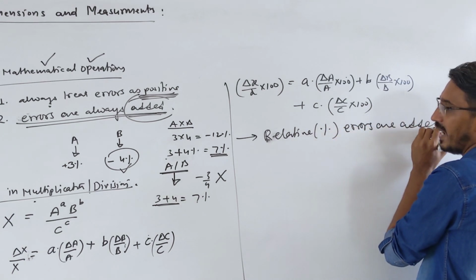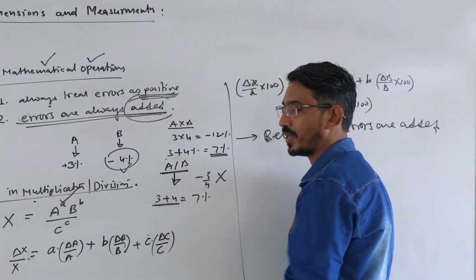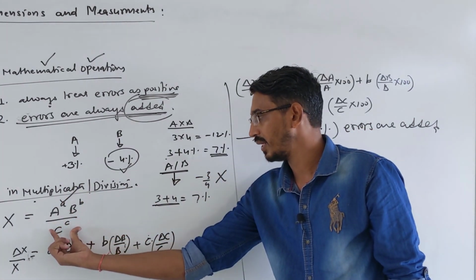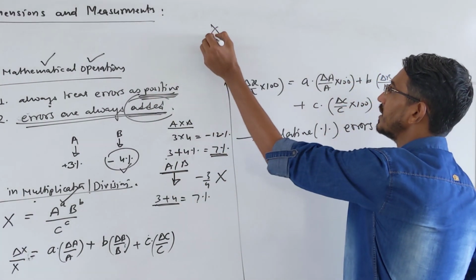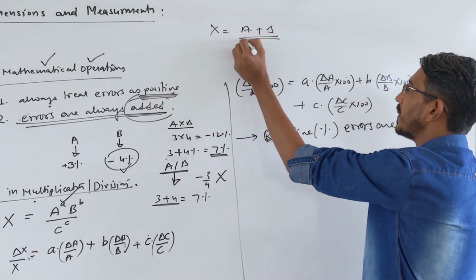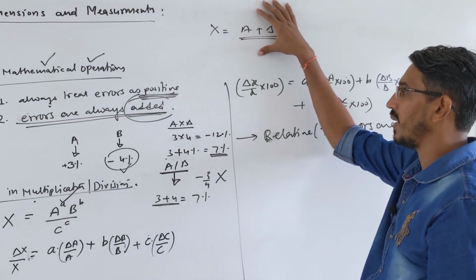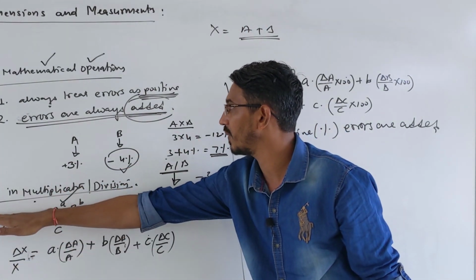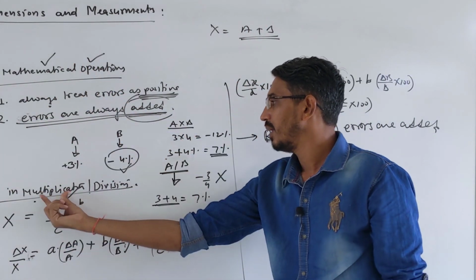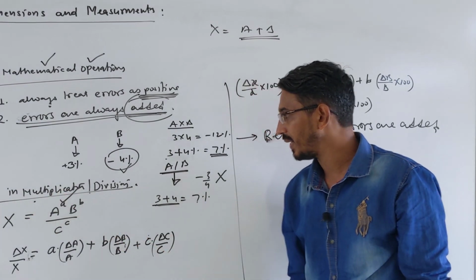Where are they added? In the case of multiplication or division operations, like this formula type, okay? If a formula is given like x equals a plus b, then percentage error will not be added, here absolute error will be added. That we will talk about in the second topic. This is the first part we are learning: mathematical operations in multiplication or division.